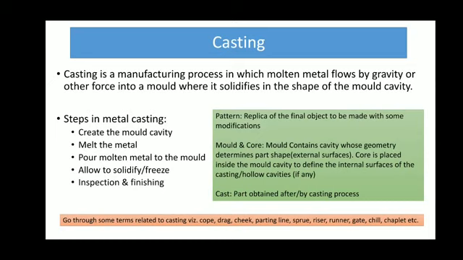In the molten state, definitely it will be very hot. Once it is poured into this cavity, we want the final product in the solid form only. So if we need the solid product, we have to allow the molten metal to solidify or cool down, that is, freeze.